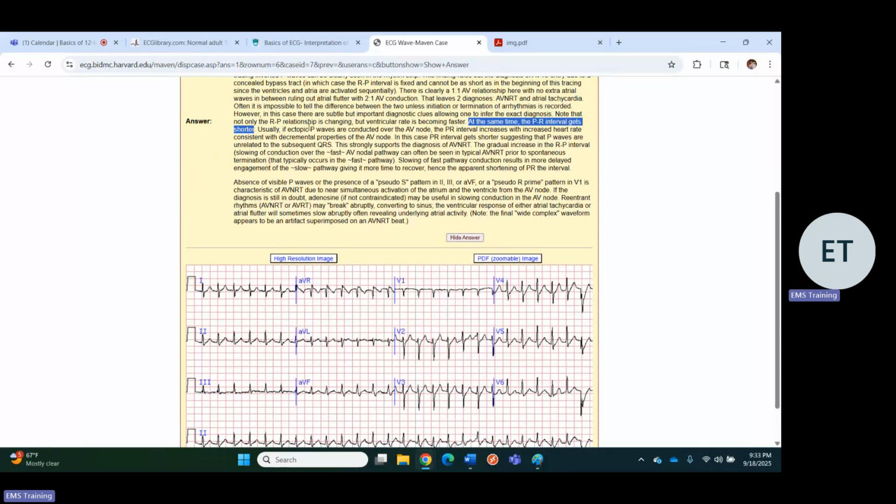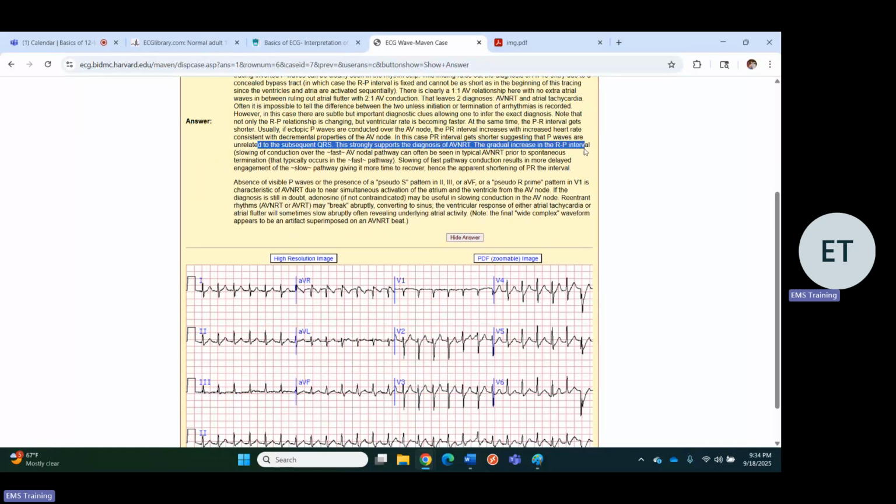Usually, if ectopic P waves are conducted over the AV node, the PR interval increases with increased heart rate, consistent with the decremental properties of the AV node. Yeah, that makes sense because of the nodal pause. In this case, PR interval gets shorter, suggesting that the P waves are unrelated to the subsequent QRS. Yeah, that makes sense. This strongly supports the diagnosis of AV NRT.